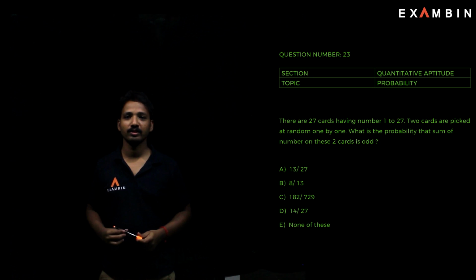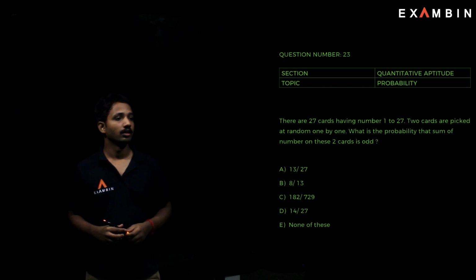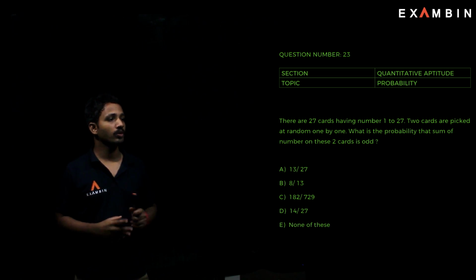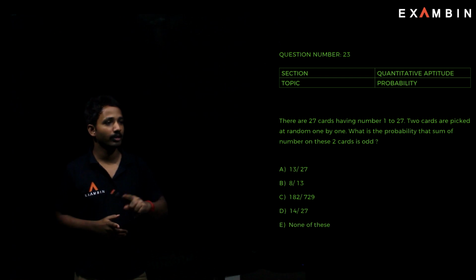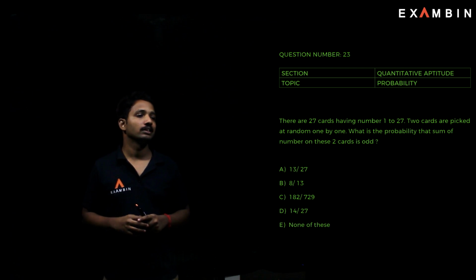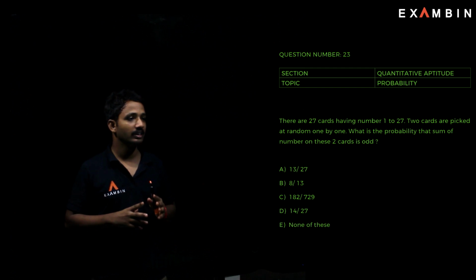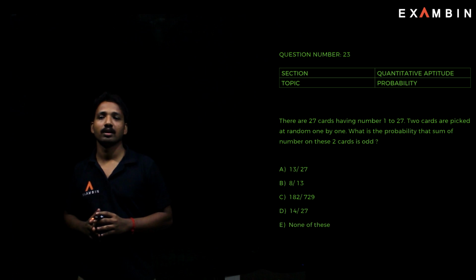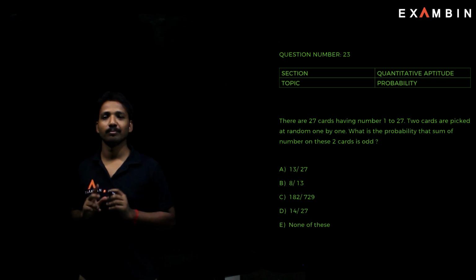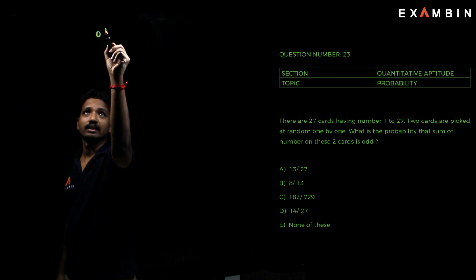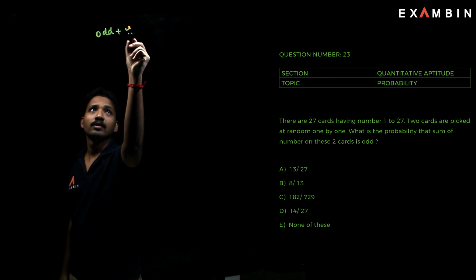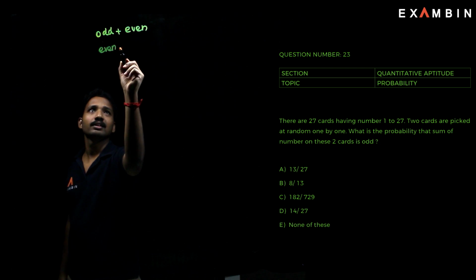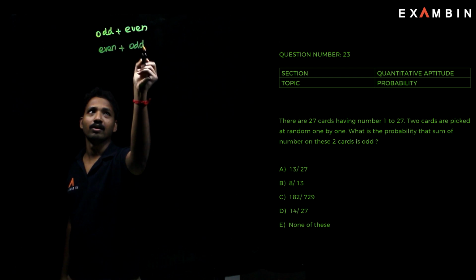Now we will see a question based on probability. There are 27 cards having numbers 1 to 27. 2 cards are picked at random one by one. What is the probability that the sum of the numbers on these 2 cards is odd? An odd number is possible when 2 numbers are added only if an odd number comes along with an even number, or an even number along with an odd number.